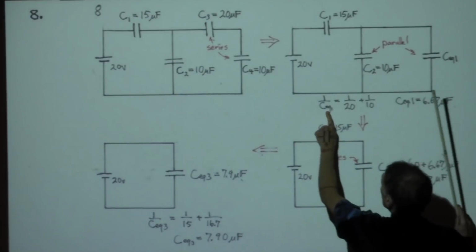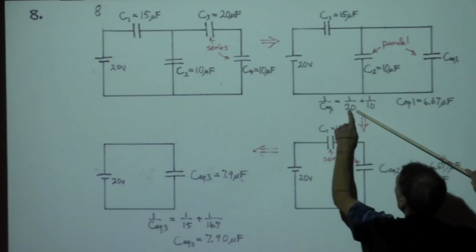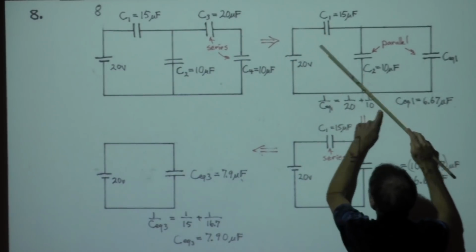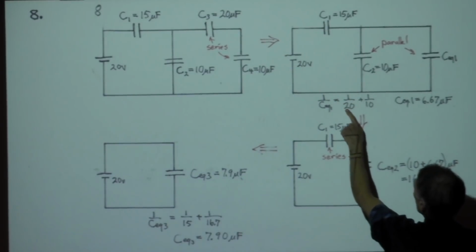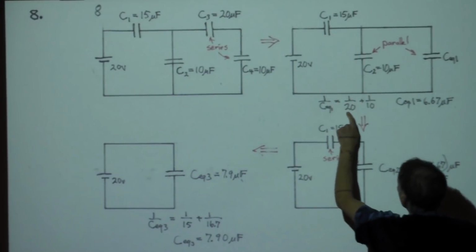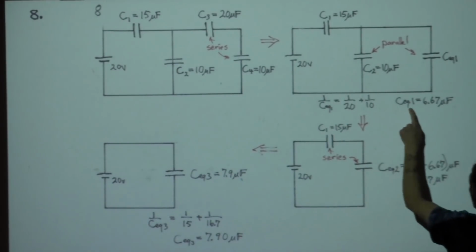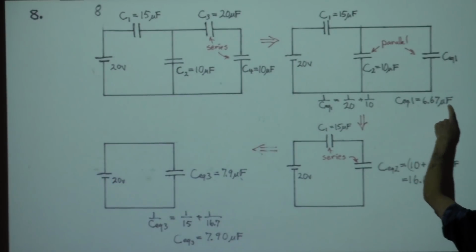Since they're in series, it's 1 over C equivalent equals 1 over 20 plus 1 over 10. All of these are going to be in microfarads, so you can take a little shortcut there. I come up with C equivalent for this first one is 6.67 microfarads.